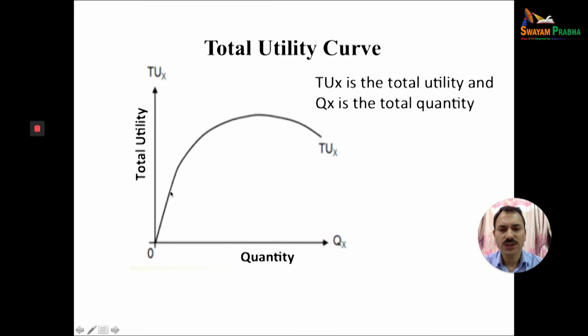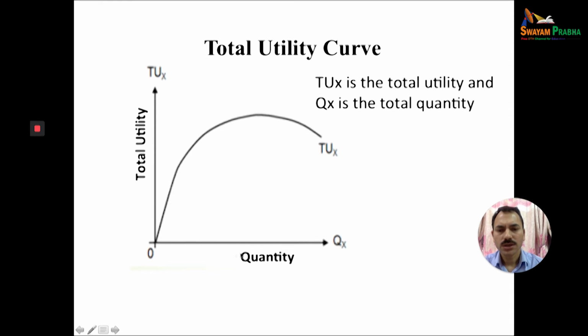This shows that as you consume more and more units of the quantity, the total utility increases simultaneously. But up to a certain limit, up to here, when you consume the commodity up to here, this is the maximum total utility, and after this point it starts decreasing.